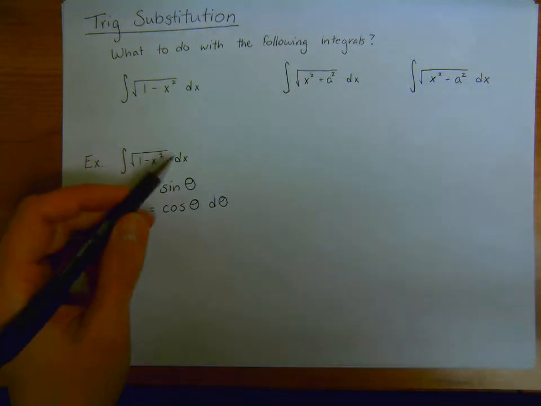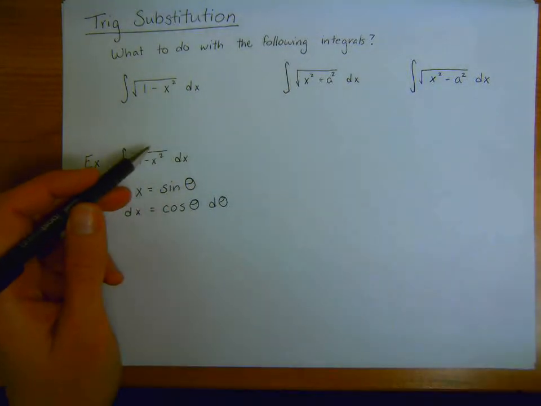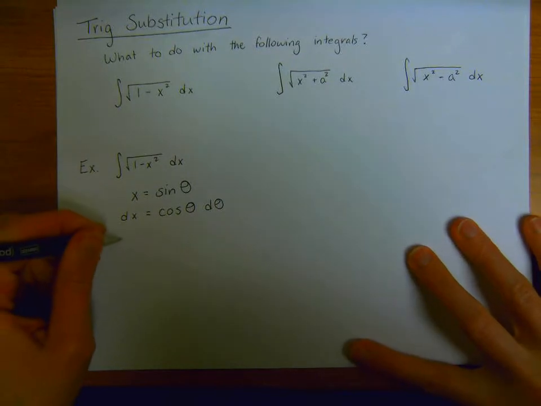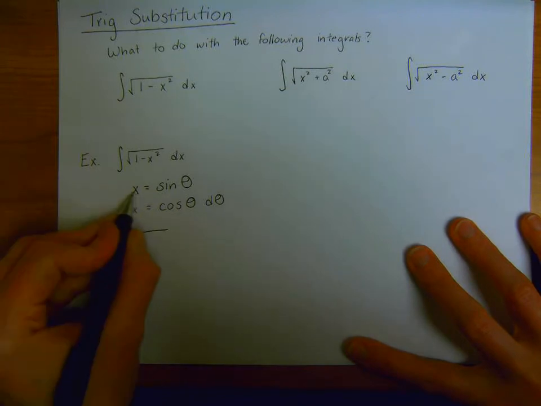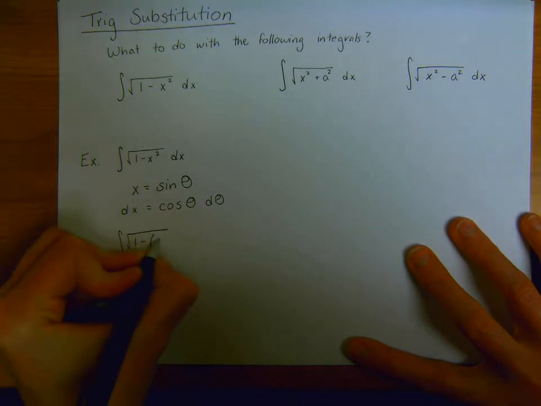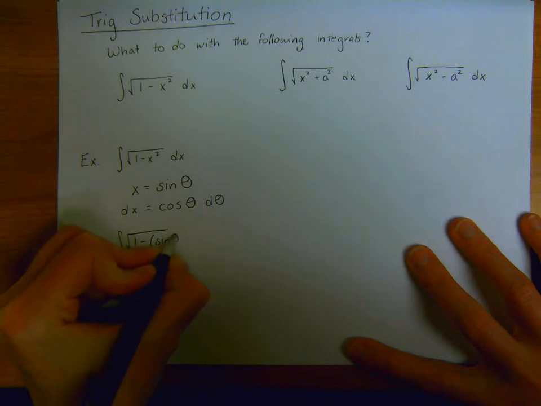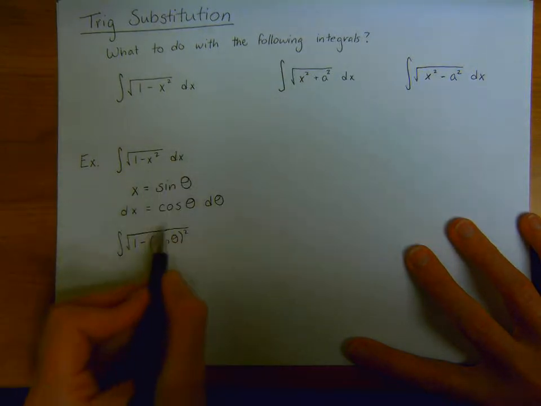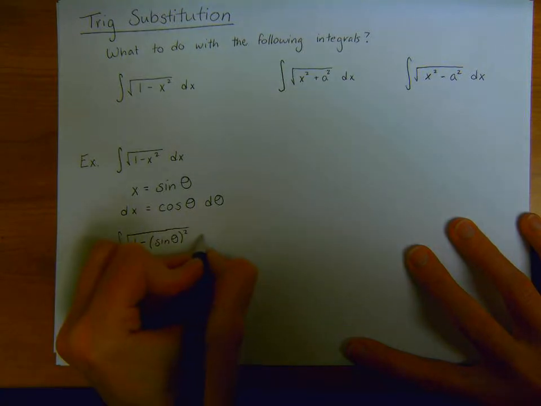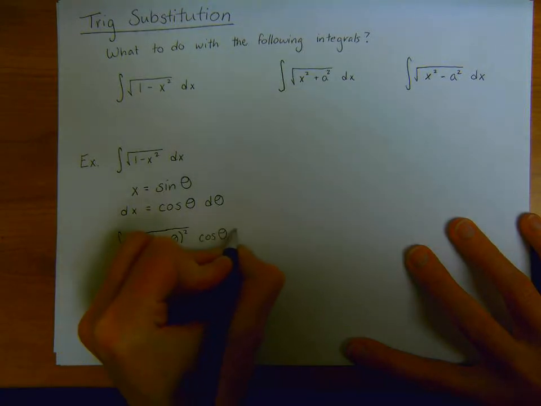And we can convert this old messy integral into something that's a little bit nicer. In this case, this nicer integral is the integral of the square root of 1 minus, I'm changing x into sine of theta squared, and I change the dx into this whole thing, cosine theta d theta.